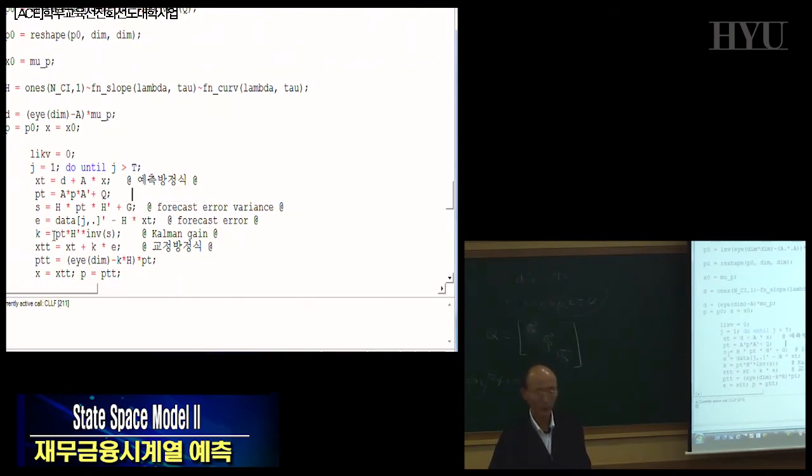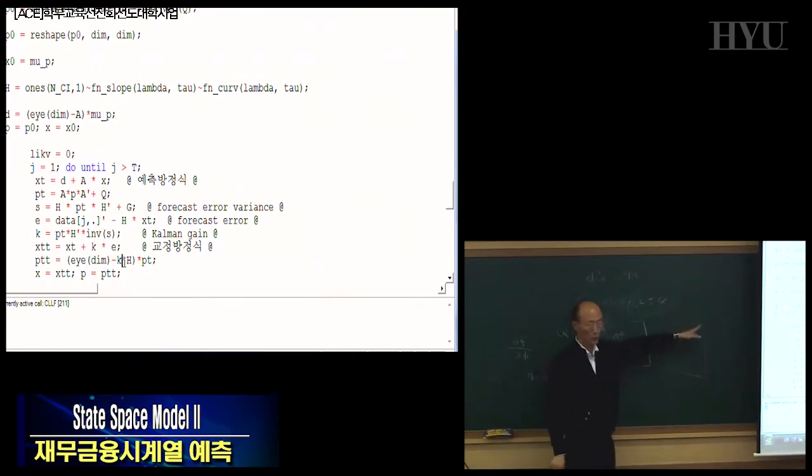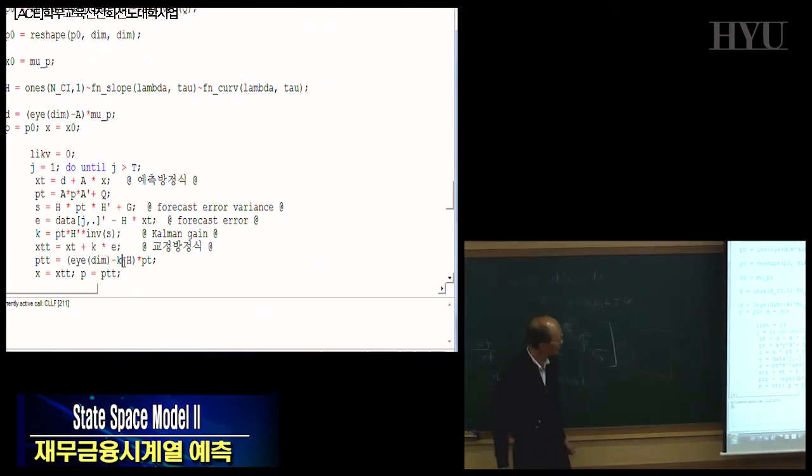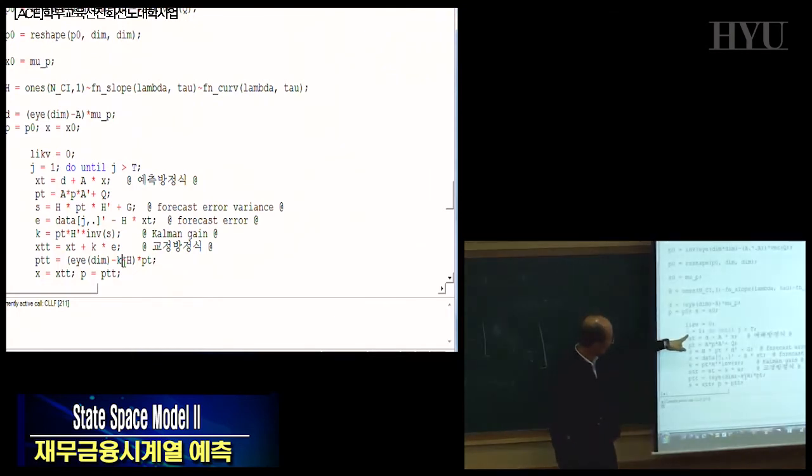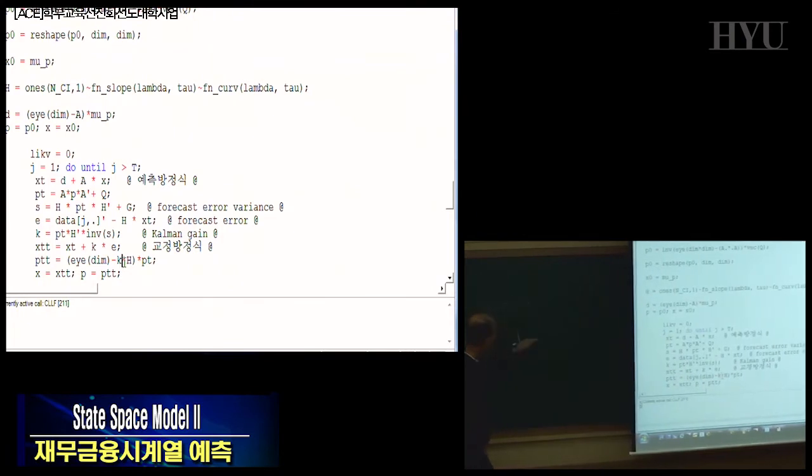how many forecast errors do you expect? This one is forecast error. What is the dimension of this one? Okay, your data look like this, right? 12 maturities and this many months, right? J counter run from up to all the way down.